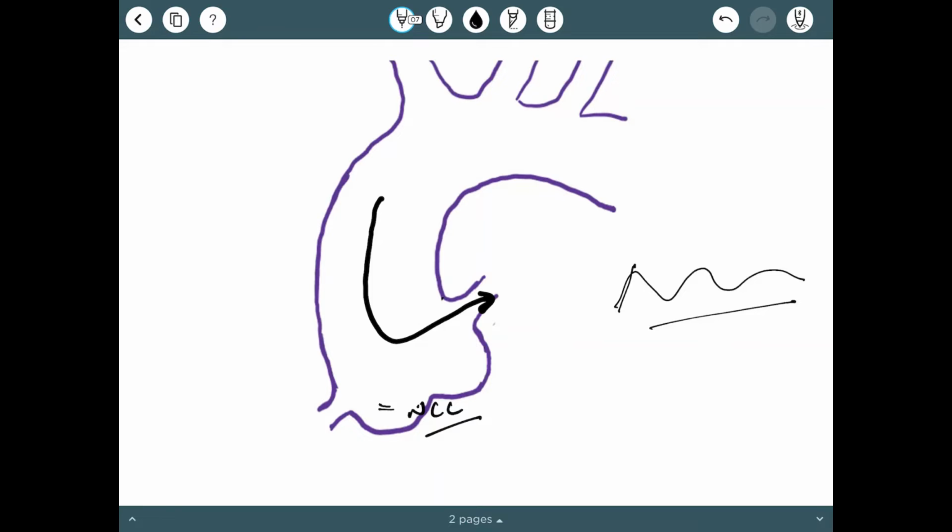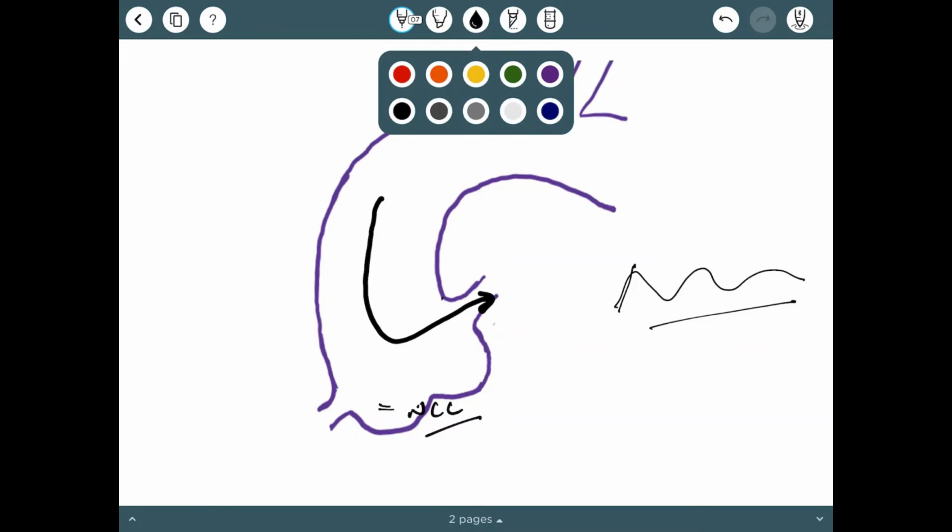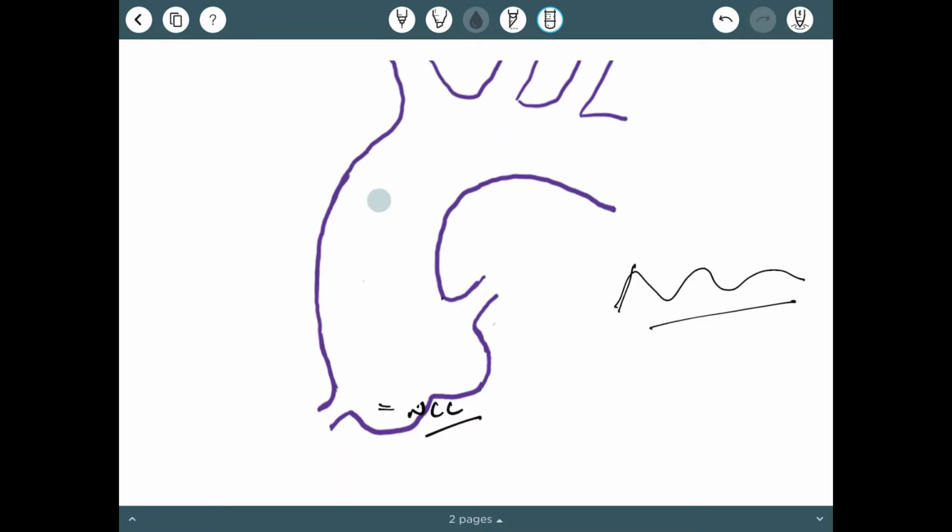So the trick is that instead of pulling, you push. The initial action when you are withdrawing this catheter is to push the catheter. When you push it, the curve will prolapse out.